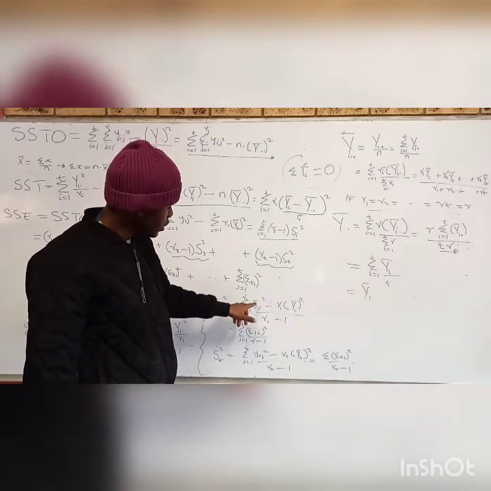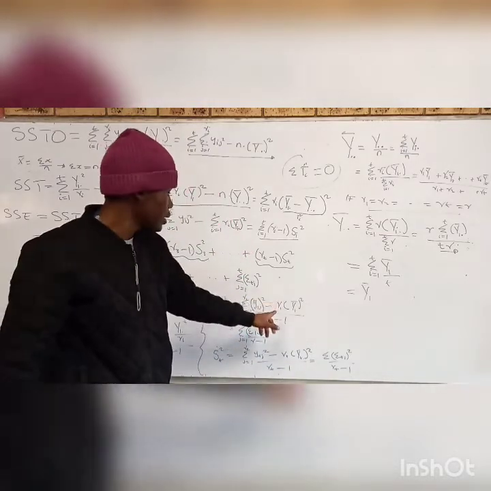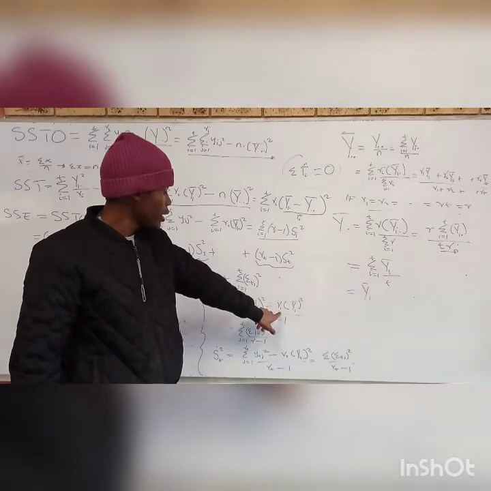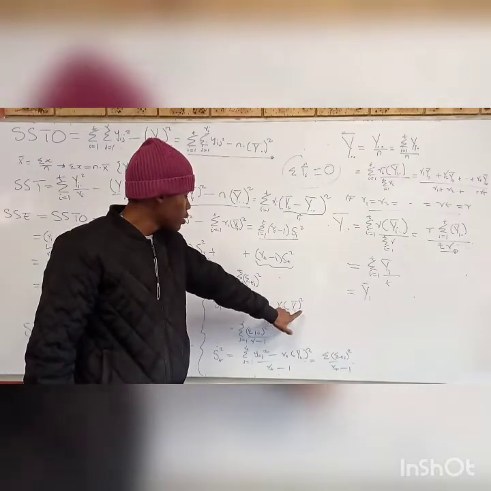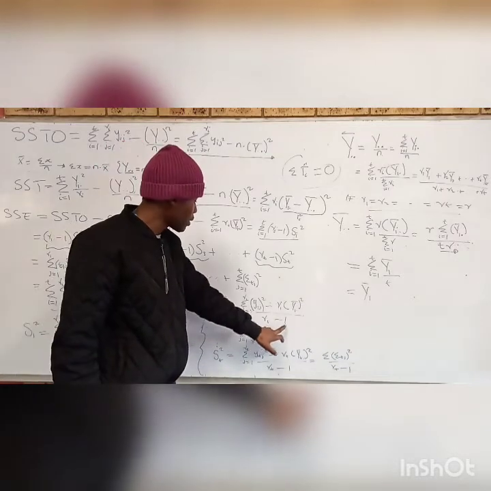So as you can see, everything is squared here. You must understand this. Then multiply by r1 and y1 dot bar all squared, divided by r1 minus 1.